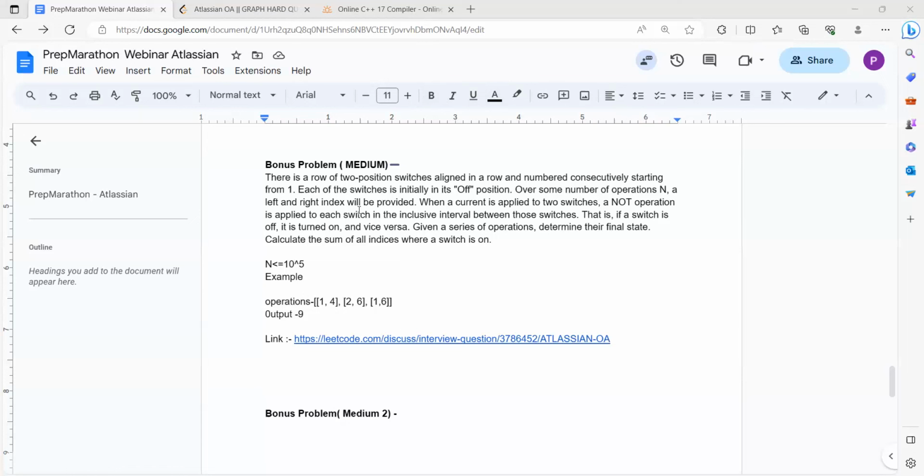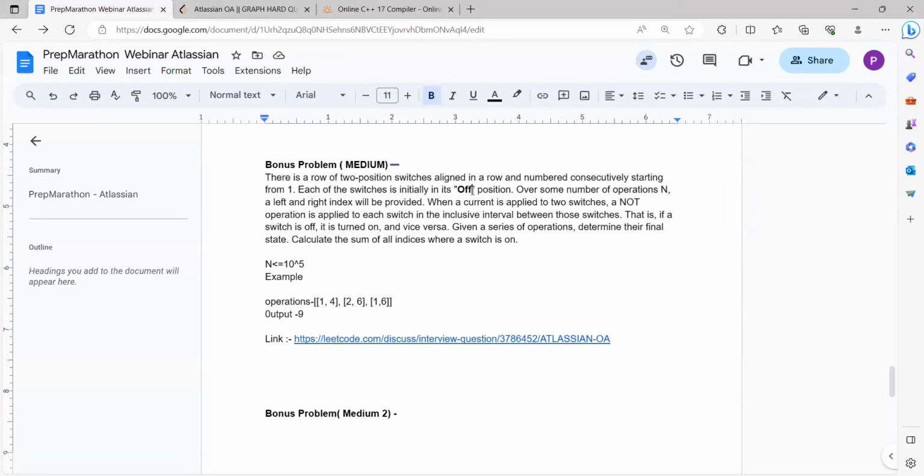So what is given? There is a row of two-position switches. In a row, a straight line you can consider. Each of the switches is initially in the off position. Very important: every switch is initially off. Over some number of operations, which is n, a left and right index will be provided. So we are given some range, basically. What is the left end?